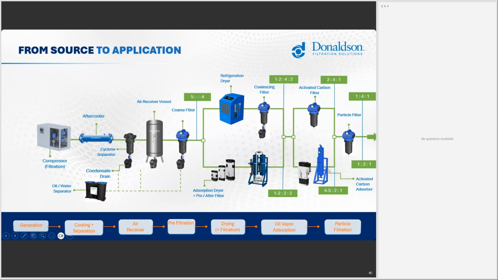There are still some remaining particles released from the activated carbon material. And therefore, we also recommend always having another particle filter installed on the last part of the system, and then you can achieve particle class 1 again for your purification system.